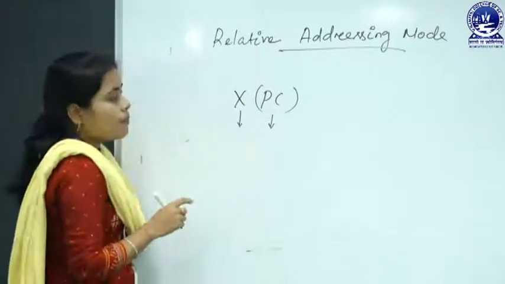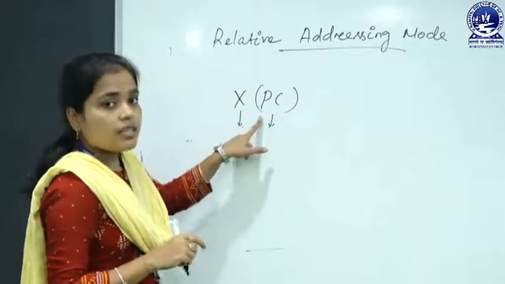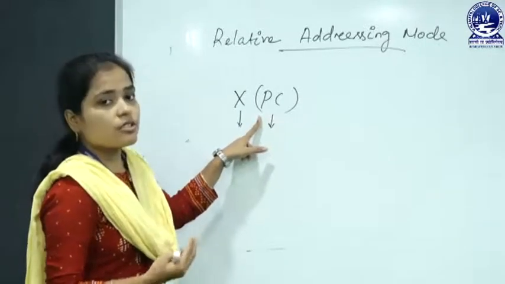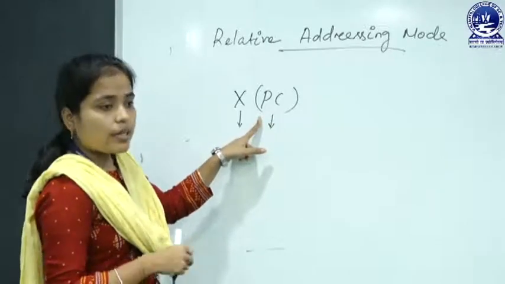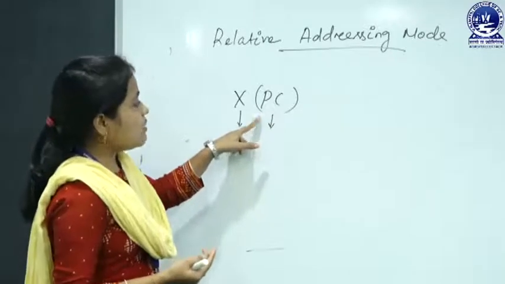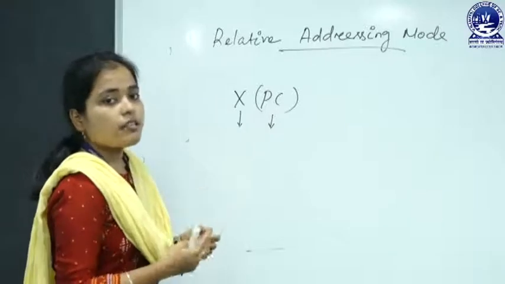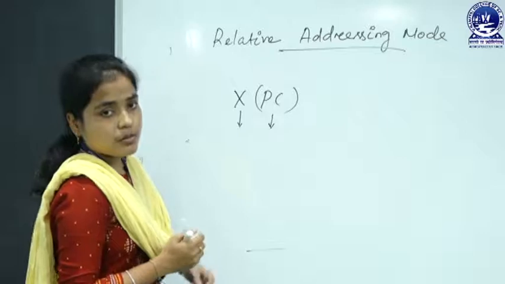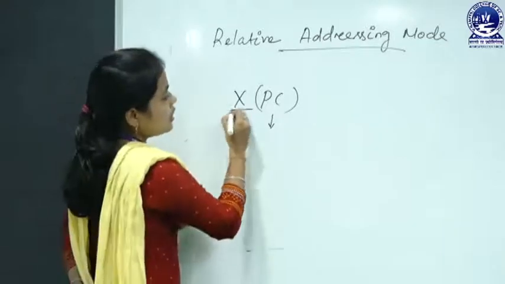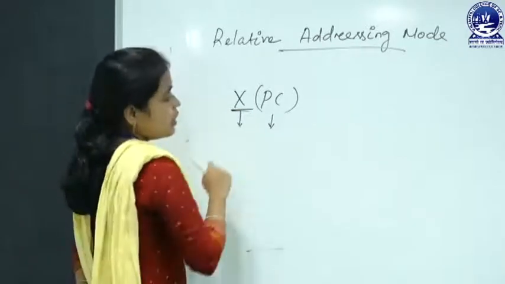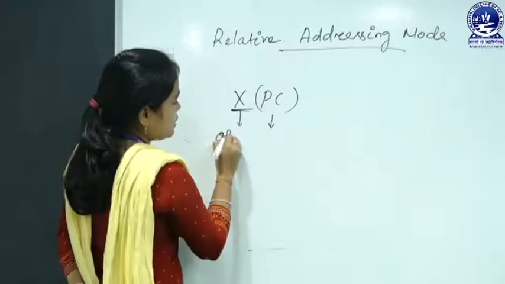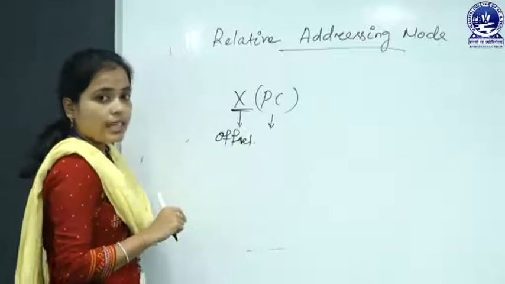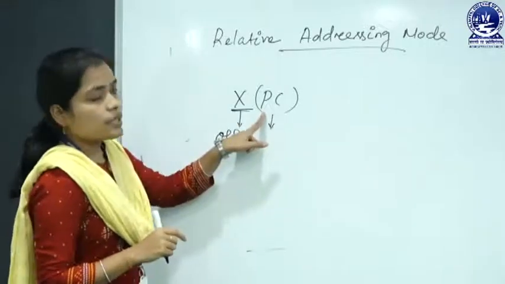As you know, the PC contains the memory location or the address of the next instruction to be fetched. So, to get the next instruction, sometimes we have to add some constant value with the PC, basically in branch instruction executions. Here the X value is the offset, and in the place of the index register we have the PC.